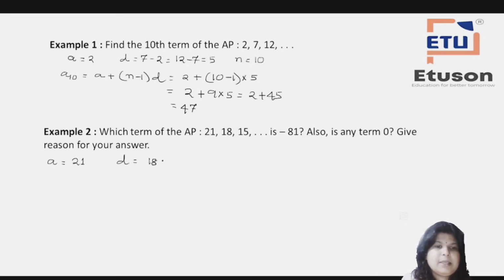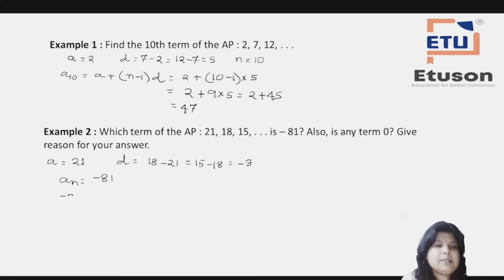Difference is 18 minus 21, that is equal to 15 minus 18, and the common difference is minus 3. Now you have to find out which term is minus 81. So you don't know which term. You don't know what is the value of n, right? So here an is given to be minus 81.